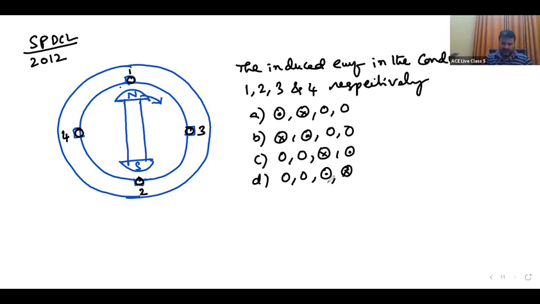Tell me what is the answer for this? Induced EMF in the conductors 1, 2, 3 and 4 respectively. SPDCL, Southern Power Distribution Corporation Limited. I want to take one question for each model. What is the answer?